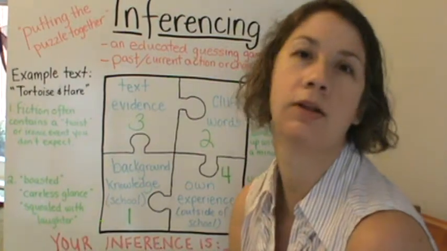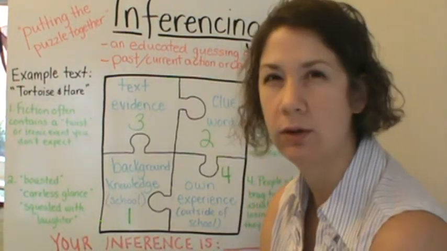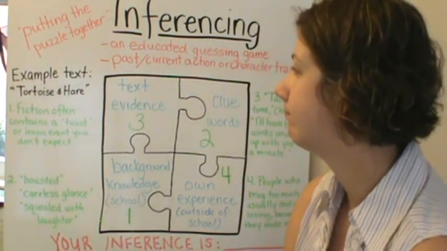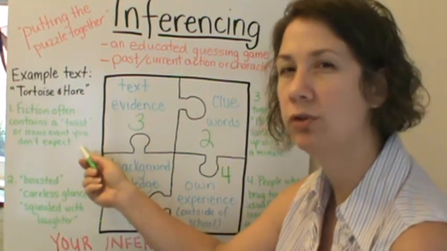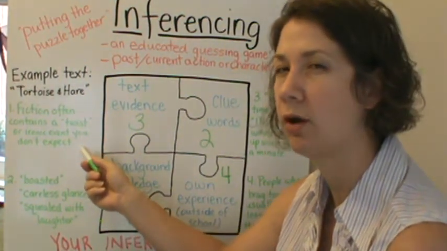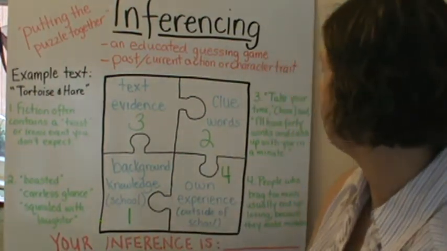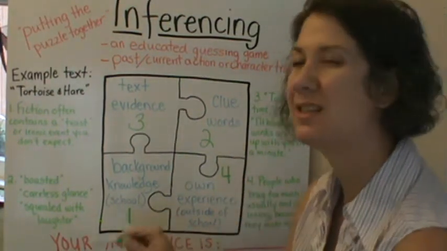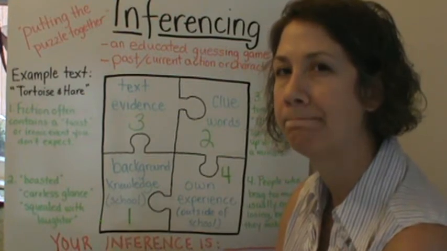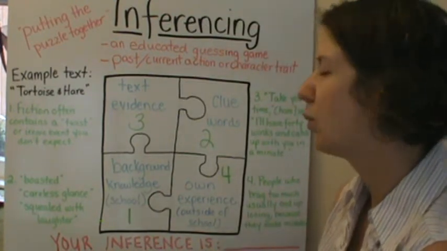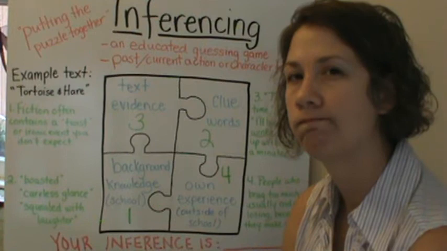He took a careless glance. He squealed with laughter. And there's usually a twist, and often a twist. I won't say always. There's often a twist. And people who brag too much, well, they make mistakes. And he says he'll catch up with him in a minute. What's your inference about the hare?